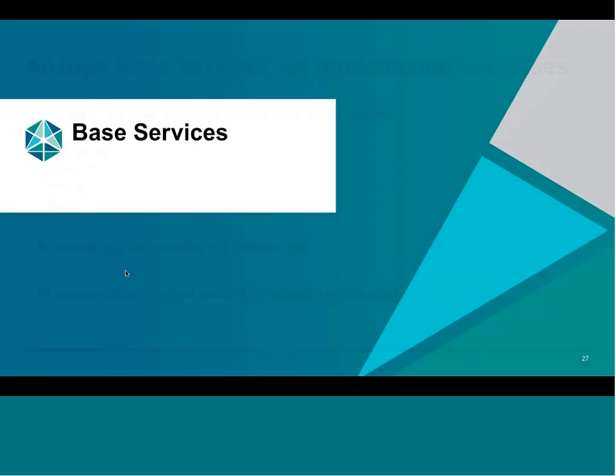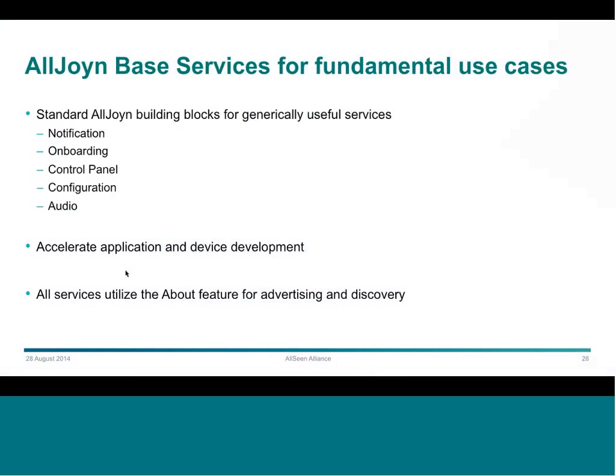So I said notification, I said control panel. These are those base services. They're those small functional library blocks that we have that sit on top of the AllJoyn SDK itself to really enable it so all of you out there can build applications faster and have quicker time to market. There's a notification service, which I'll go into.